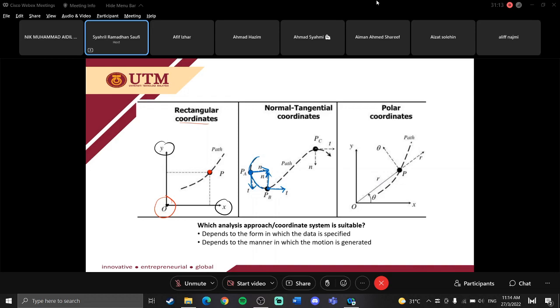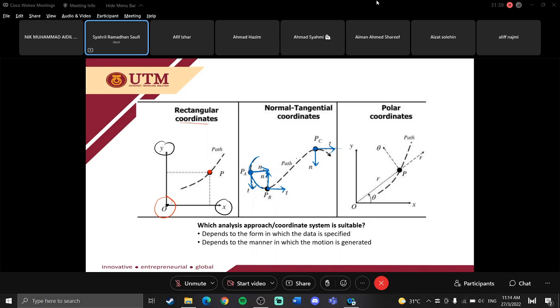At another position C, you will again have the normal inward to the curvature and the tangent. Along the tangent and normal you will have acceleration, so you need to determine the total acceleration based on the normal acceleration and the tangential acceleration. I will discuss more after this.